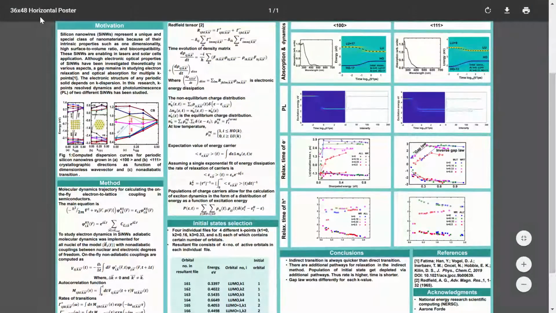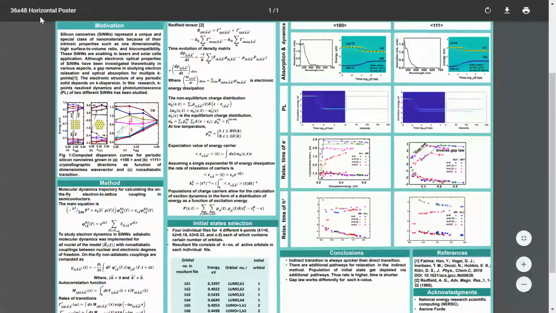Then we can calculate the non-equilibrium charge distribution as a function of energy and time. And we can get the expectation value of the energy of the carrier using this equation, and then we assume a single exponential function to fit this energy dissipation rate, and the rate of relaxation of the carrier is this equation.